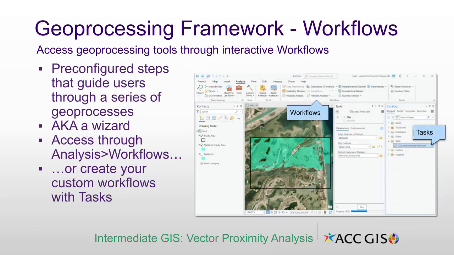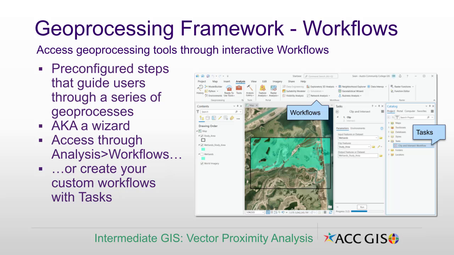You can access geoprocessing through interactive workflows, which are pre-configured steps that guide users through a process. We might call these wizards, for example. And workflow tasks can include any geoprocessing tool. And if you look at the image on your right, you can see that there's some plug and play workflows ready to go listed on the analysis ribbon in the workflow group. For example, suitability modeler or visibility analysis.